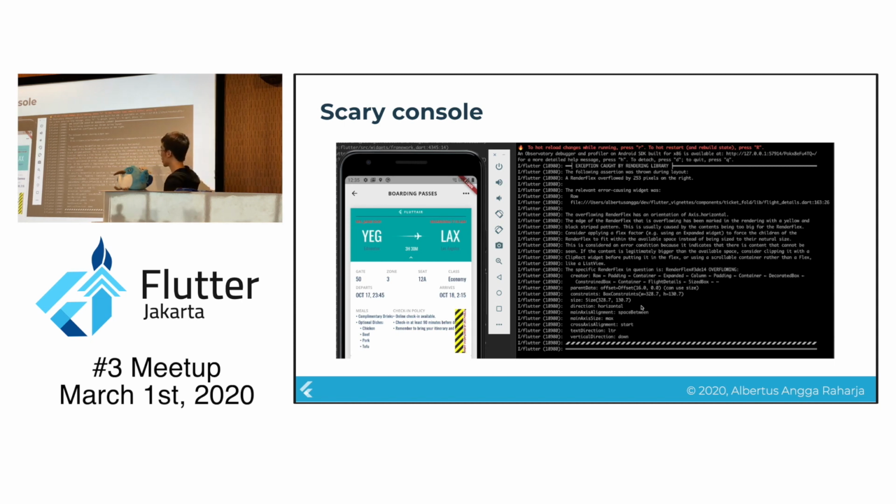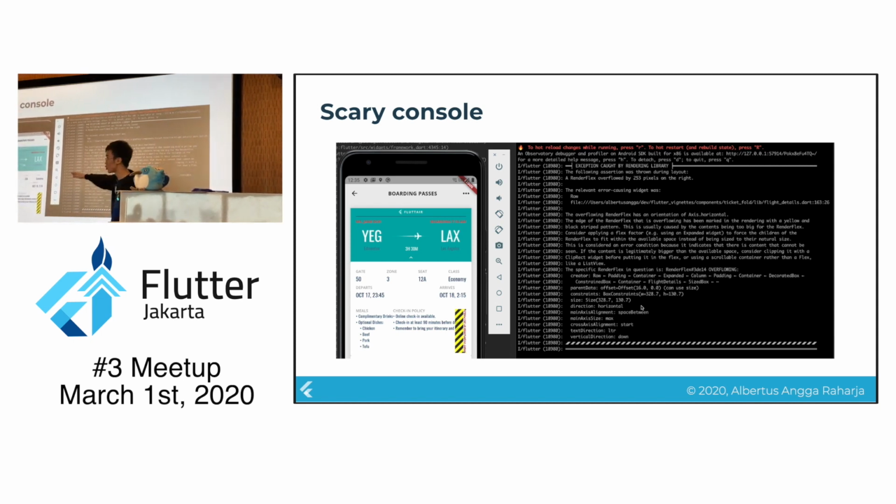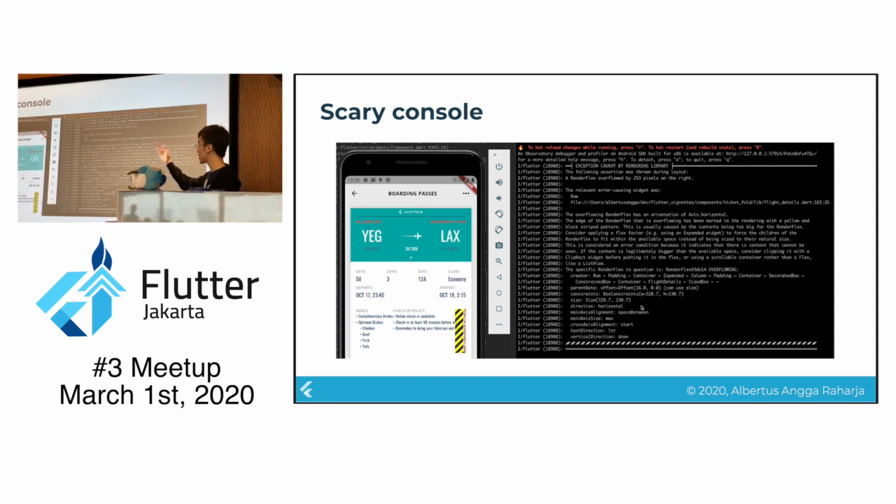When overflow happens, it will throw a scary console log error in your terminal, which is a bit hard to debug, right? When you see this kind of thing in your UI, maybe you will start to question why this happens, and then you will see the console. Wow, this is a lot of messages. It's a bit scary to debug if you are still a beginner.